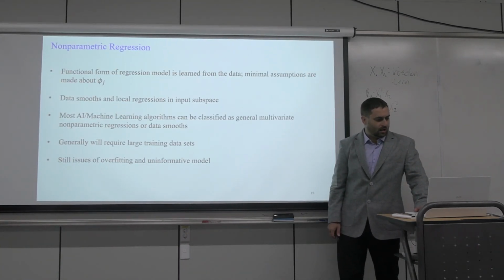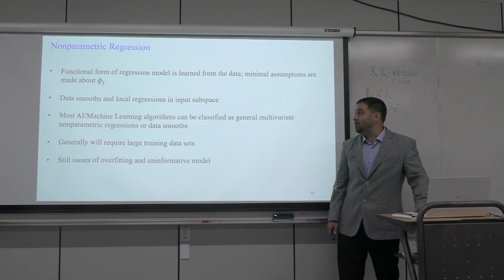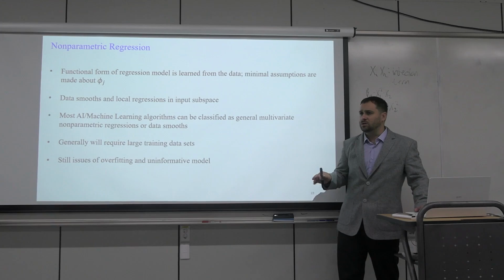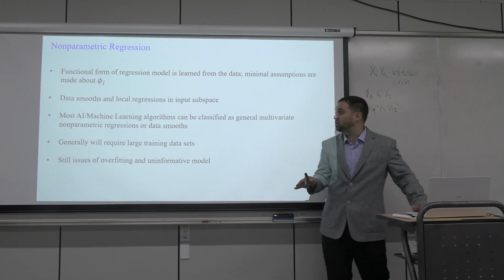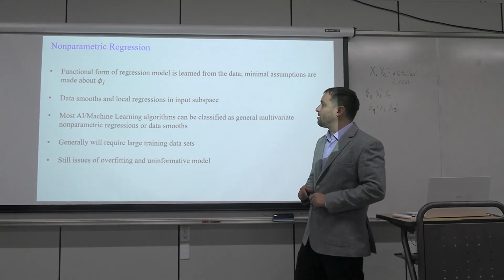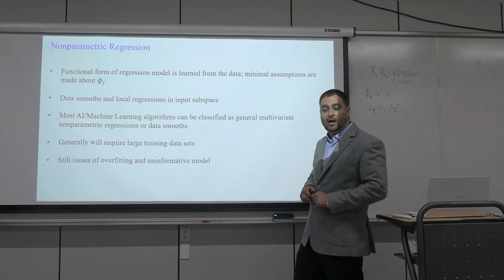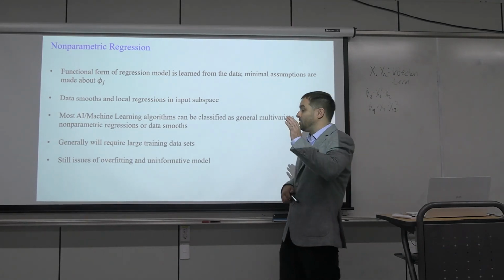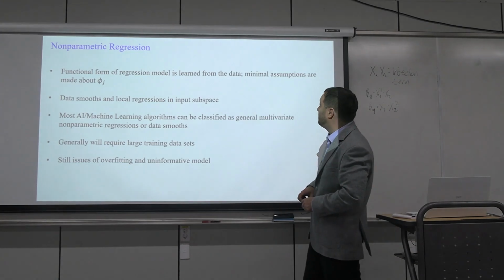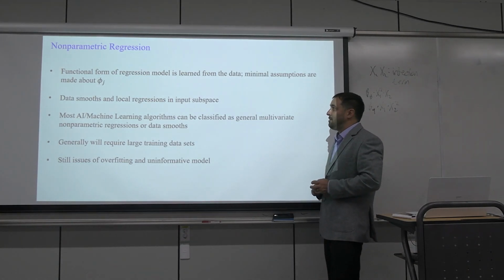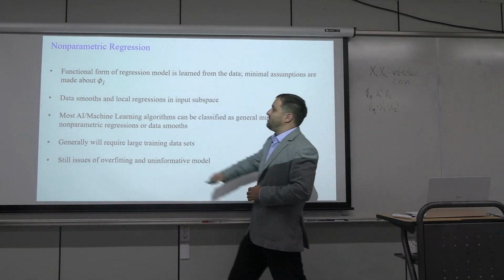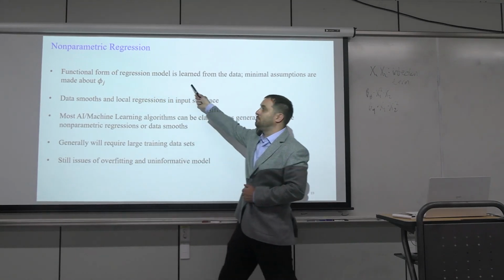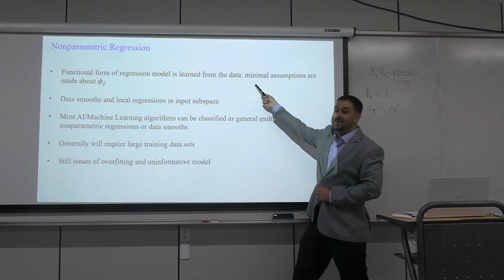The final topic is non-parametric regression. In this course, we will probably not cover non-parametric regression. Maybe next year we'll extend this course to include nonlinear regression with gradient-based methods and non-parametric regression. Non-parametric regression is where the functional form of the regression model is learned from the data.